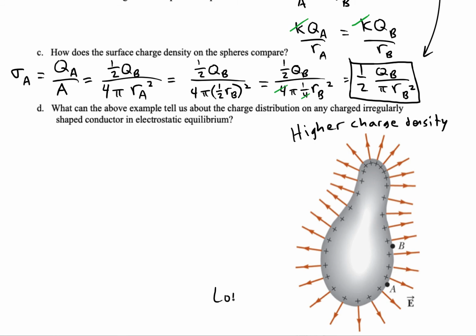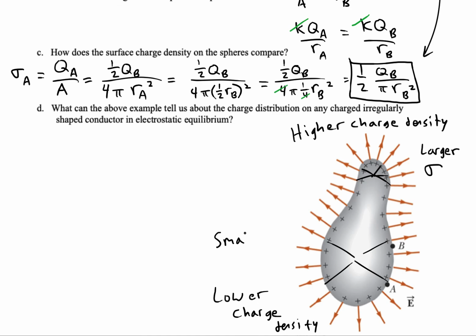Over here we'll have a lower charge density. It's certainly related to the radius of the points on the surface of the conductor. See here we've got a very tight radius, small curves. So we're going to have a larger surface charge here and a smaller surface charge here.